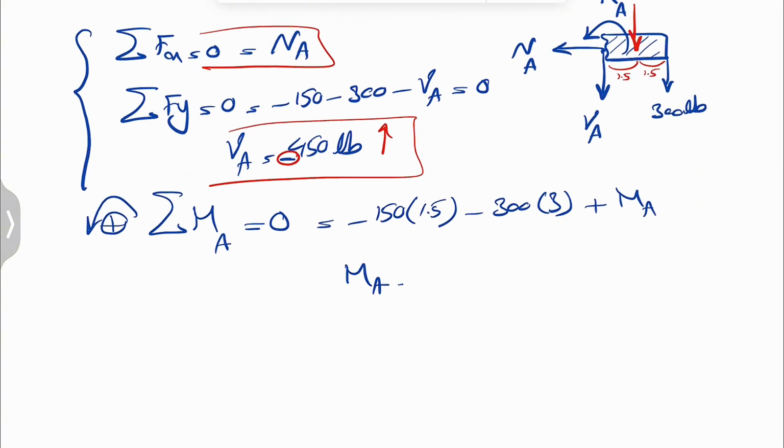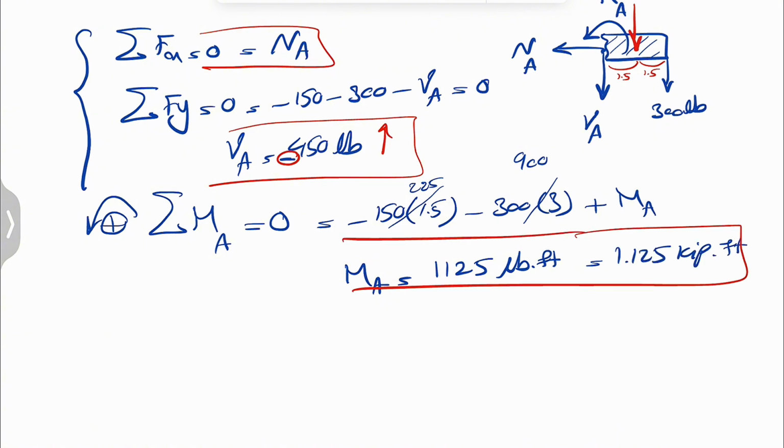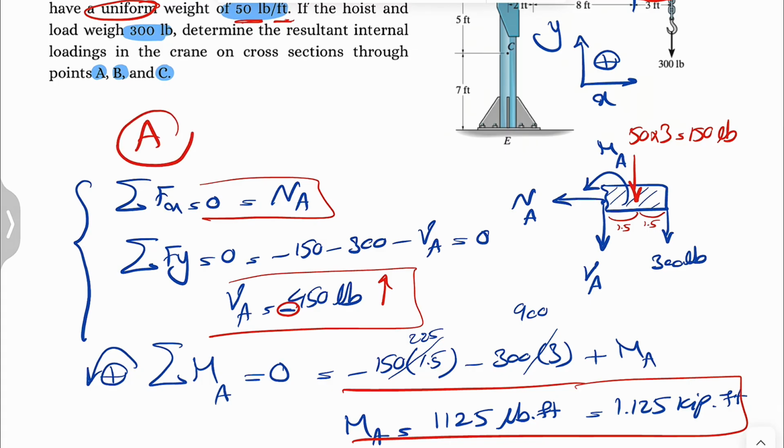So here our MA is going to be 900 plus 225, so our moment is going to be 1125 pound-feet, or we can report this also as kip-feet. We know one kip is 1000 pounds, so 1.125. So these are all the internal loadings for point A.